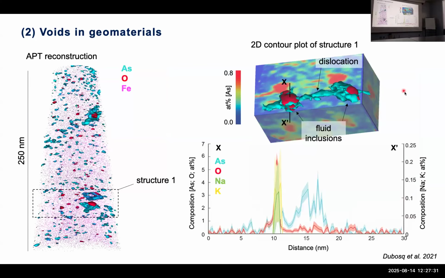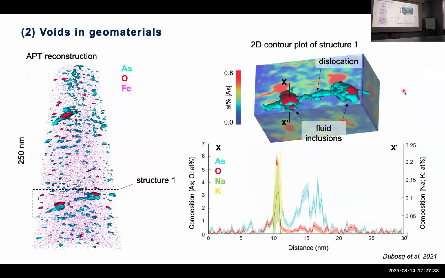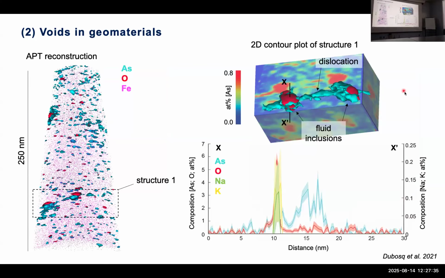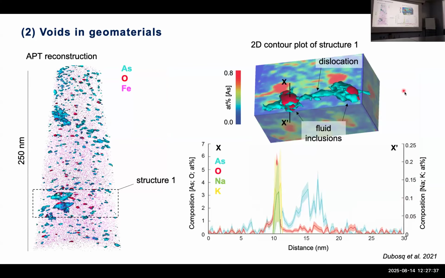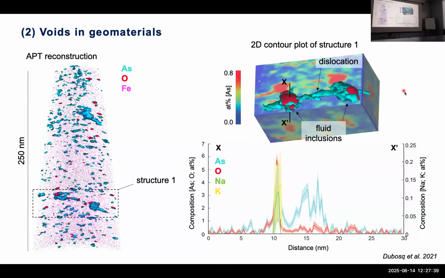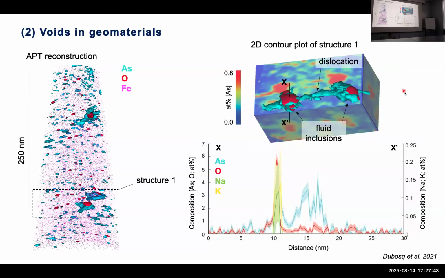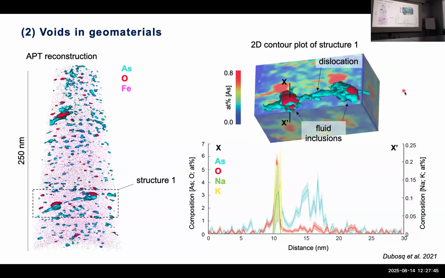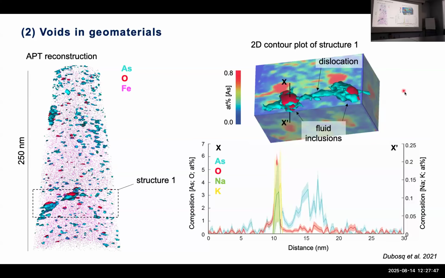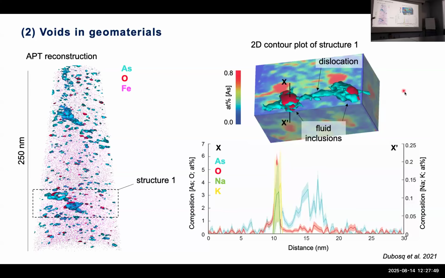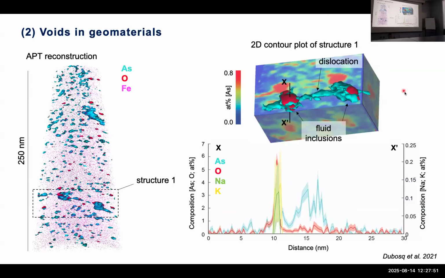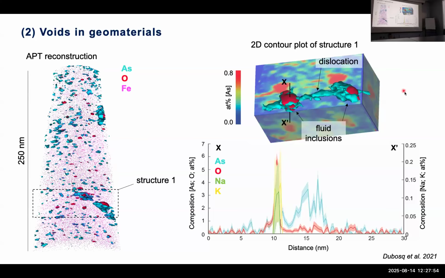So we have the distribution of iron in pink. And then we have these arsenic and oxygen isosurfaces. So these isosurfaces simply represent envelopes around a specific concentration of that element. So in simple terms, these blobs represent regions enriched in arsenic and oxygen.